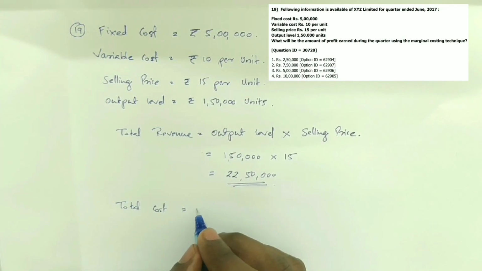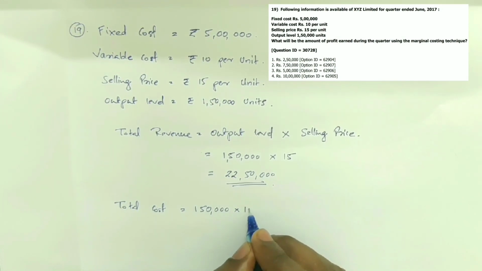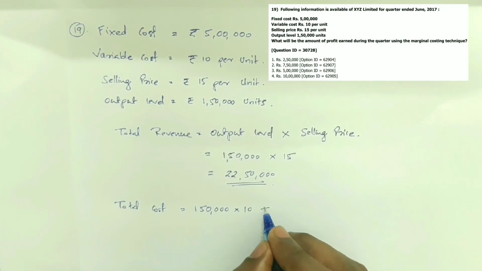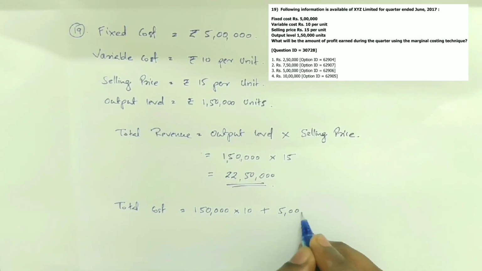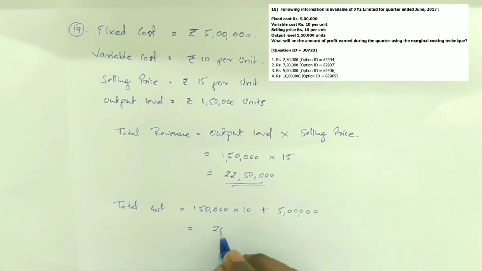Total cost is equal to 1,50,000 into 10 plus 5 lakh, is equal to 20 lakhs.